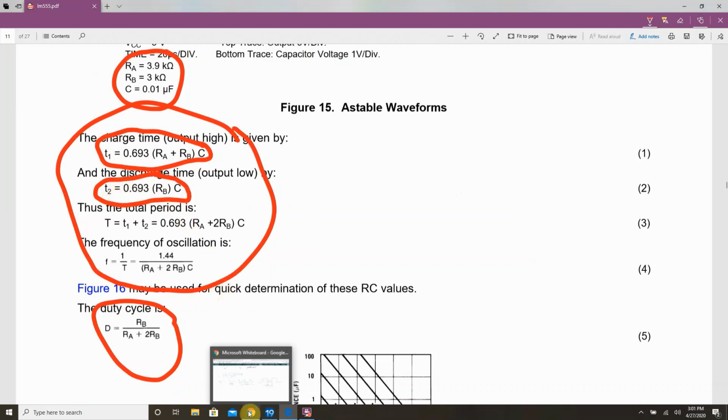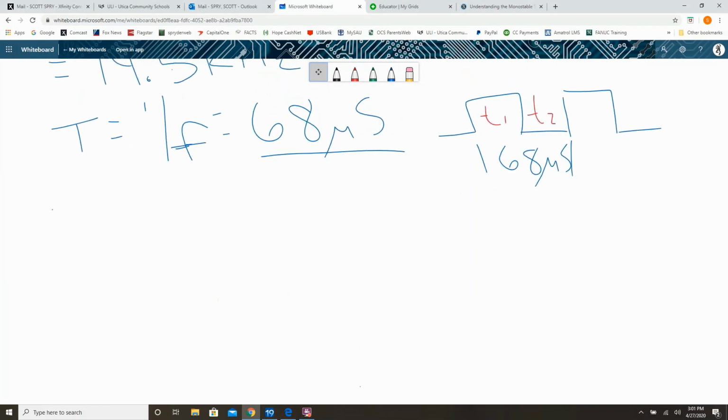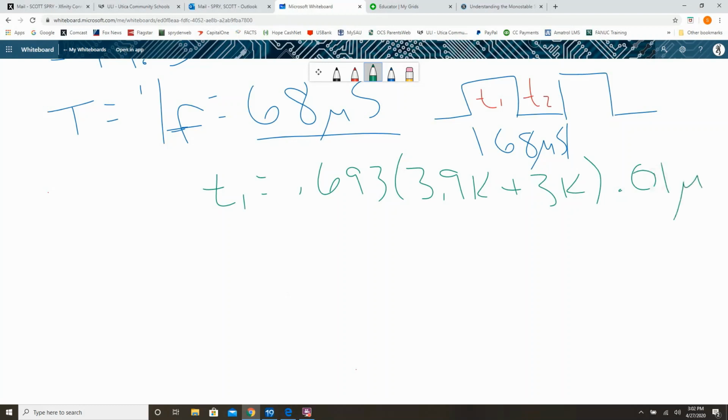So our T1 would be 0.693 times RA, which is 3.9K, plus 3K, which is RB, times C. And our C was 0.01 microfarad. Make sure you get the raw number like we've talked about many times. This would give us a T1 of about 47.8 microseconds.